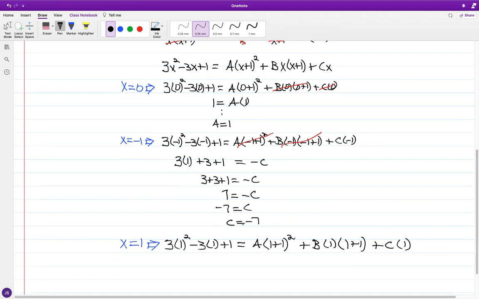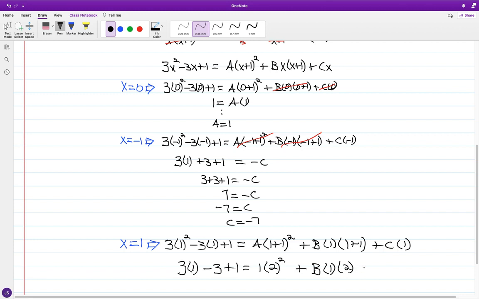Okay, now we have a at 1, c at negative 7. And we have 3 times the square of 1, so I'm going to have 3 times 1. Negative 3 times 1 is negative 3, and I have plus 1. Again, a is at 1, so I have 1 times the square of 2. And I have b times 1 times 2.